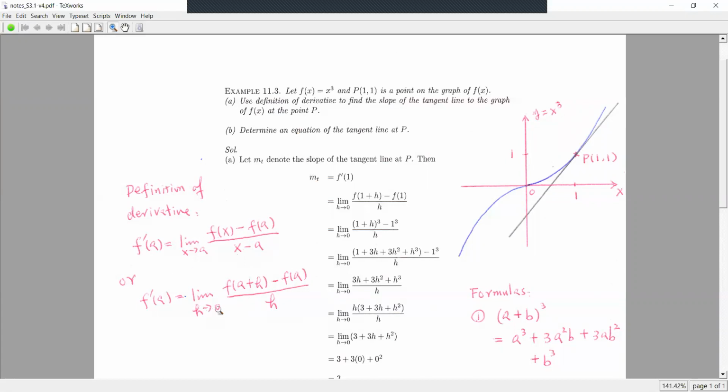These two formulas say that a derivative is a limit. The book calls these two formulas the definition of derivative. Part B, after we find the slope of this tangent line, then determine an equation of the tangent line at the point P.